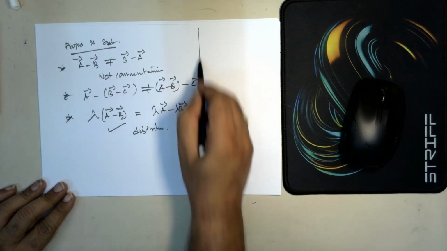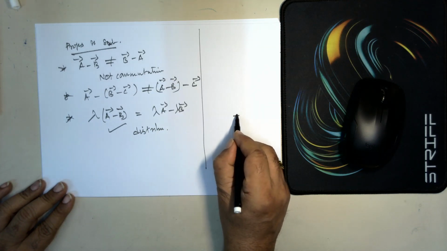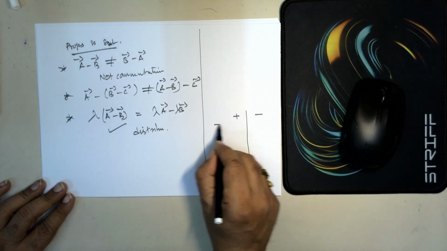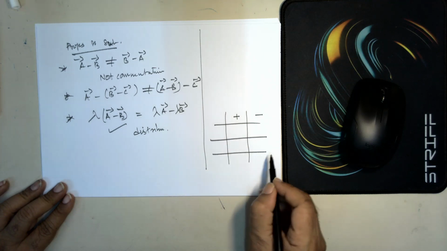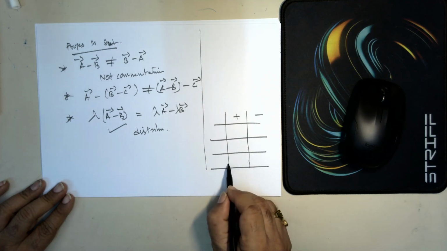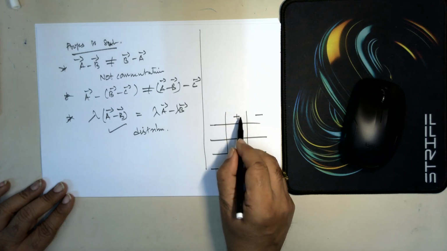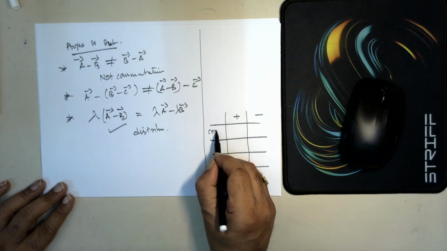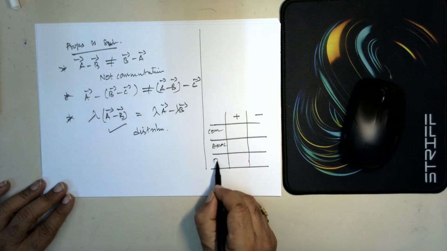Okay. So shall we summarize? We have the additive property and the subtraction property. Let us take them like this: commutative, associative, distributive.